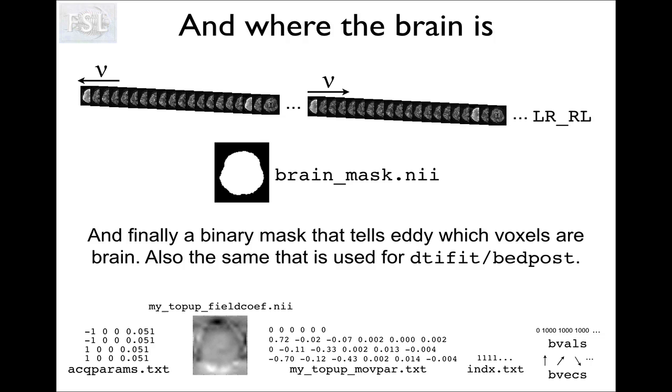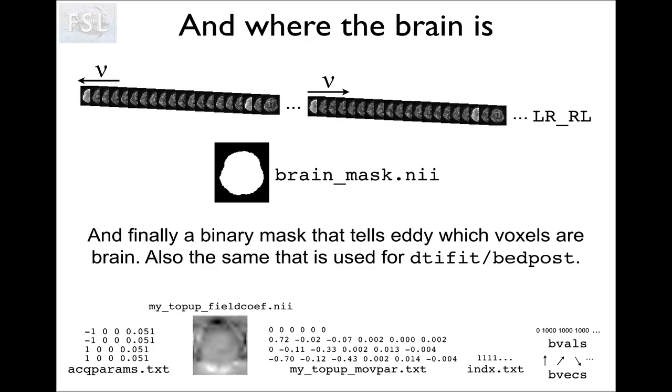And you also need to make a brain mask. So there's simply a binary mask that tells you which voxels are brain. You can use the same that you use for DTI fit or bedpost. That is probably the one you should use. But you should also know that this is really not very critical.